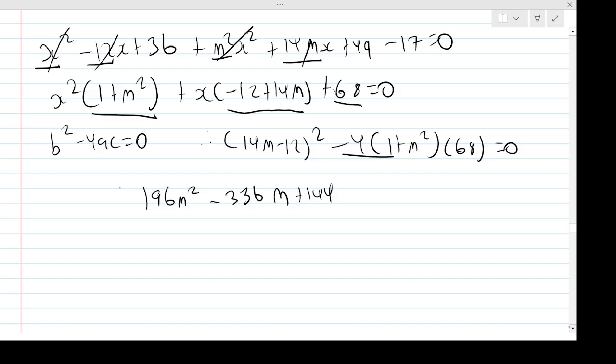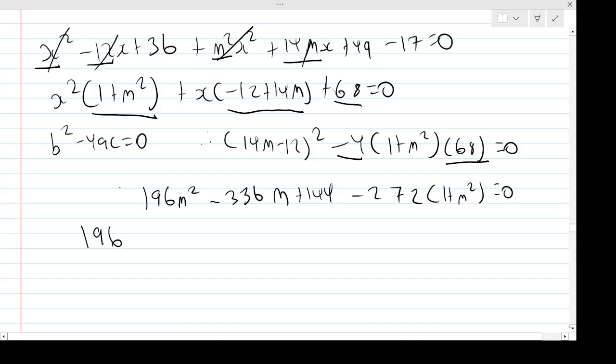Then I need to expand the right set of brackets. Minus 4 times 68 gets me minus 272 of 1 plus m squared, and that's again equal to 0. So if I expand that bracket, I get 196m squared, take away 336m plus 144, take away 272, take away 272m squared, equal to 0.